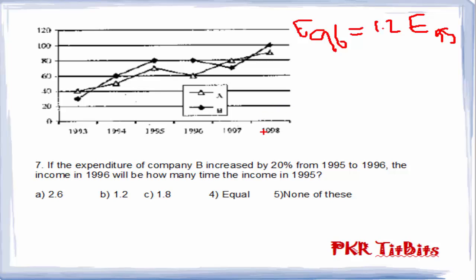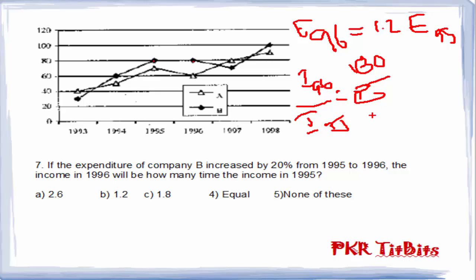Now we have to find the income in 96 relative to the income in 95. So income in 96 divided by income in 95 is equal to 100 plus P in 96 for company B, which is 80, so it is 180, divided by 100 plus P in 95 of company B, which is also the same, 180, into E96 by E95.